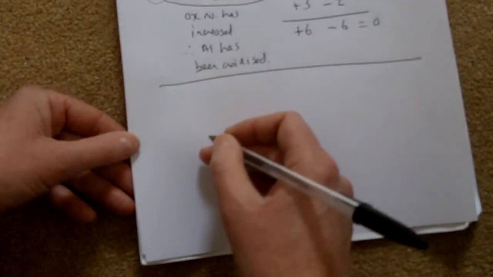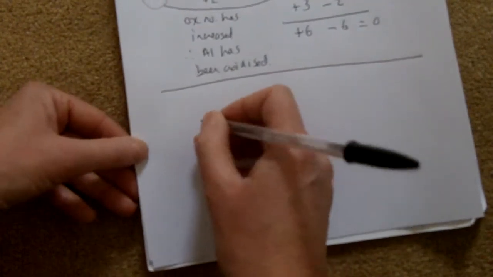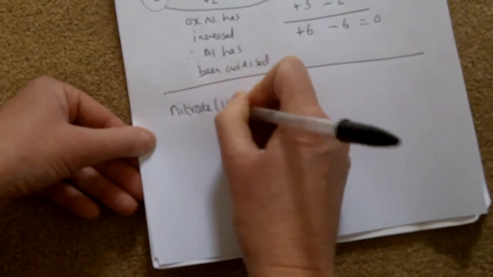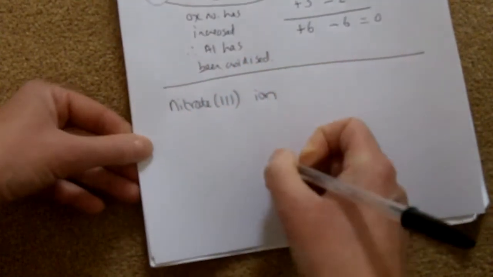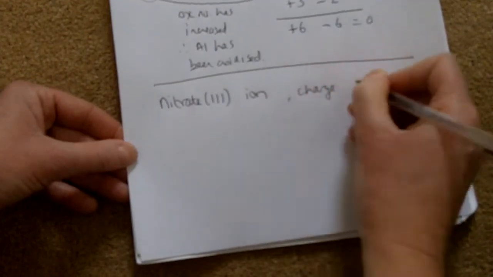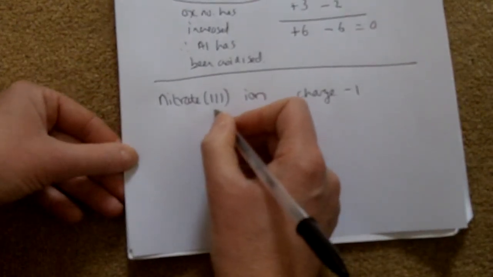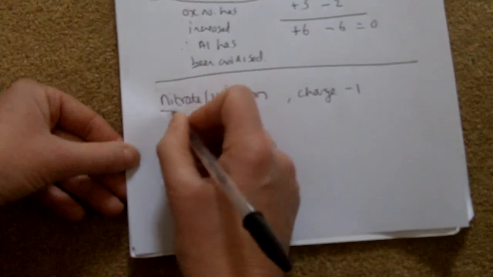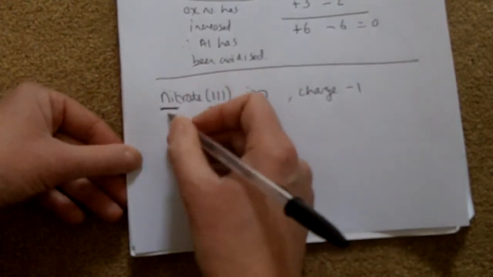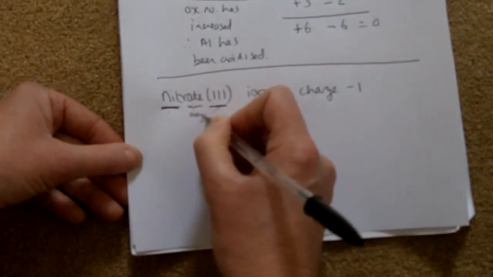Let's take an example, nitrate(III) ion, and it has a charge of -1. When you have Roman numerals like this, that tells you the oxidation state of the nitrogen. The Roman numeral III tells you the oxidation state of the nitrogen, and the -ate means there's oxygen present.